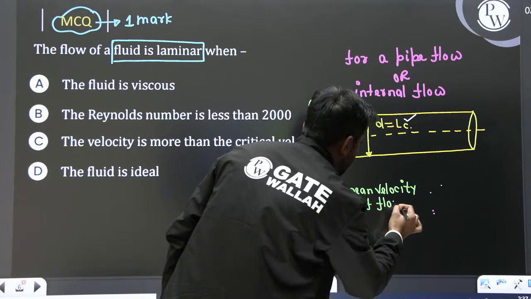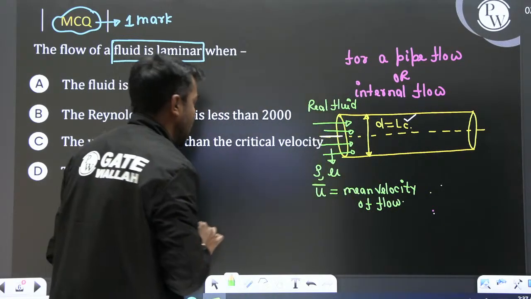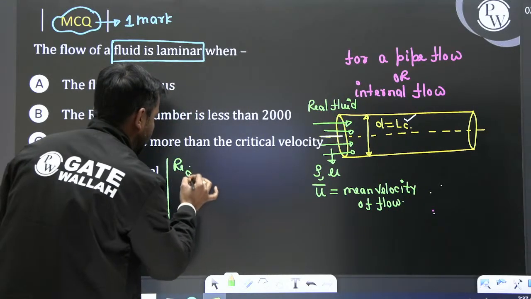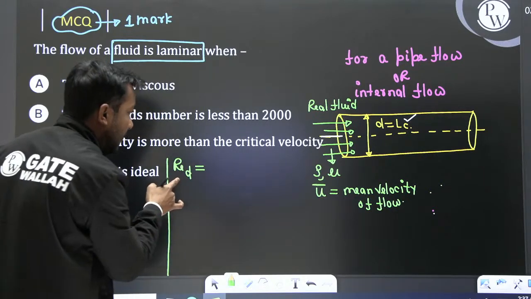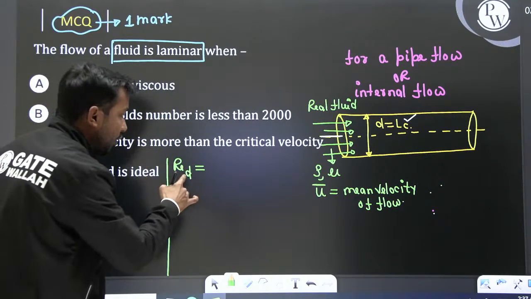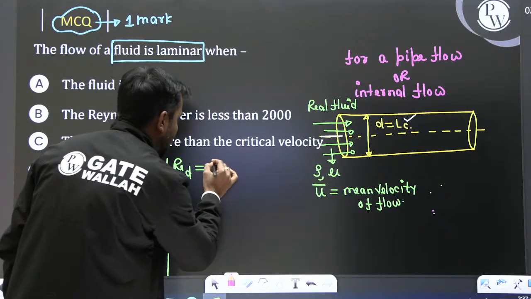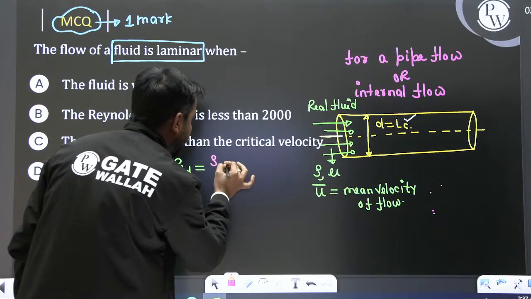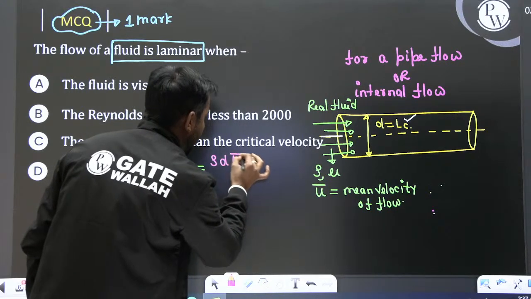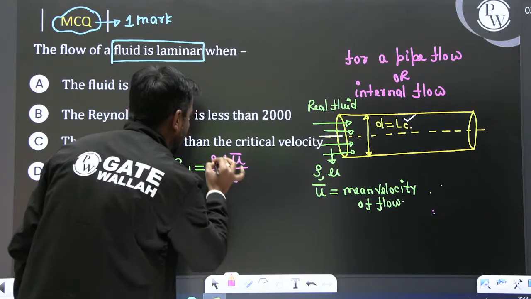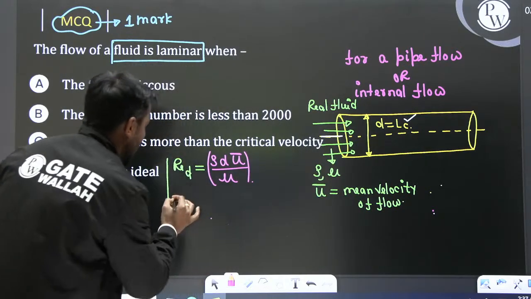If these are the parameters, we can relate them using a non-dimensional number, the Reynolds number, based on the diameter. The Reynolds number is rho times the characteristic dimension D times the mean velocity u mean, divided by the dynamic viscosity mu.